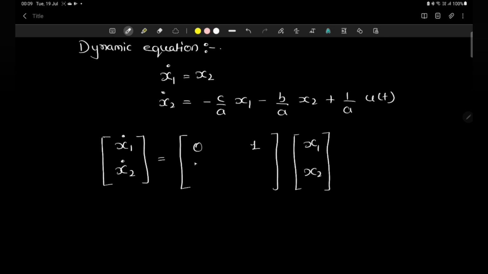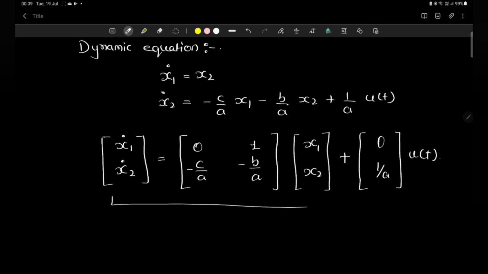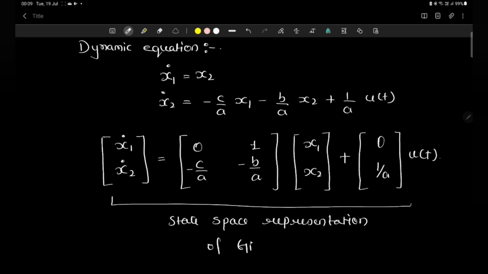And the second row will be minus c by a and minus b by a, plus 1 by a u of t. So this is the state space representation of the given system in matrix form.